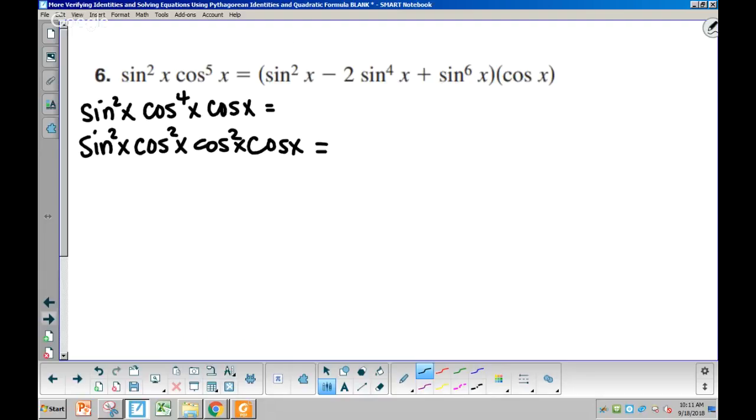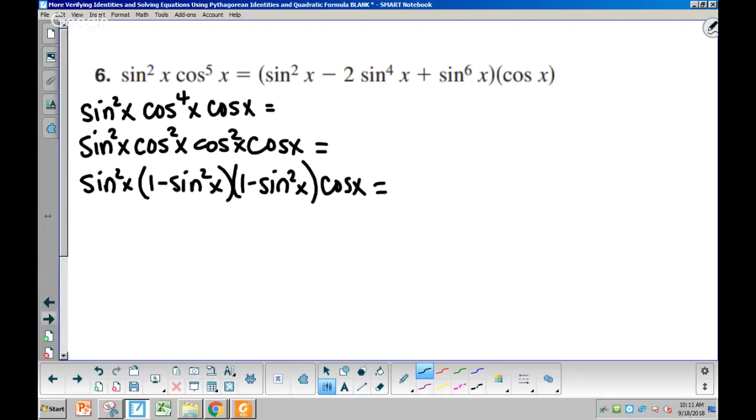And then we're going to change the cosine squareds to 1 minus sine squared x. So this is sine squared x times 1 minus sine squared x times 1 minus sine squared x times cosine x. And then multiply out the middle part, so we get sine squared x times 1 minus 2 sine squared x plus sine to the 4th x times cosine x.